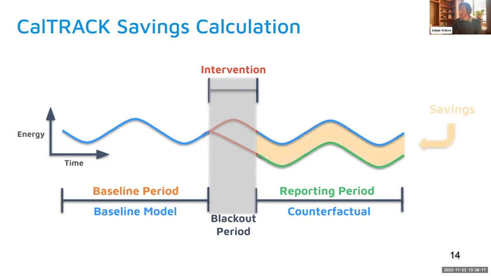So the difference between the actual observed consumption and the counterfactual is the savings. That's the savings in the Caltrack model. It's not crazy complicated, really, but it's good to go over this because that counterfactual is everything. Having reasonable counterfactuals is really what makes a model a good model or a poor model.